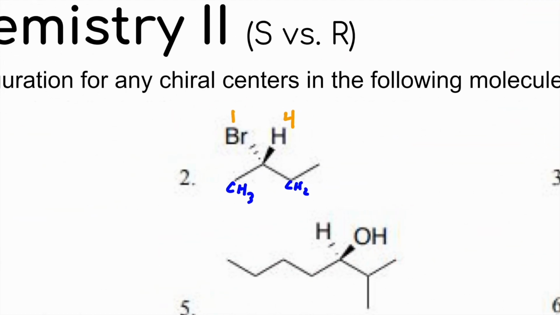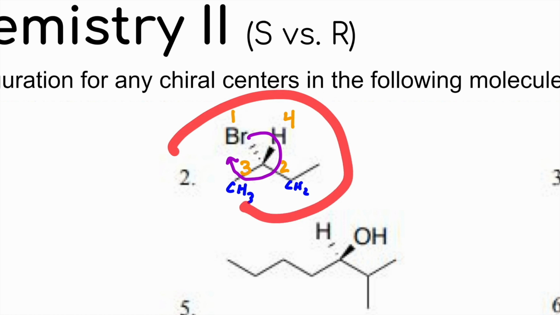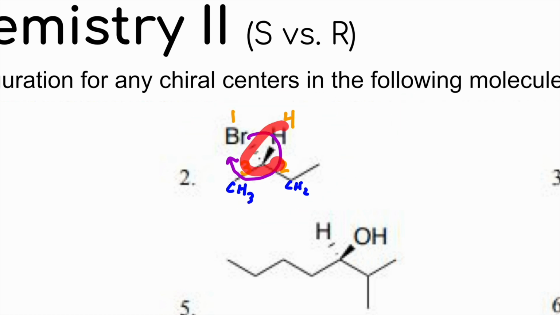So that means that my CH2 is my 2, and this is my 3. And then all I do is I ignore the 4. So I go 1, 2, and 3. So I'm going clockwise, so that's normally an R. I always just tell myself right away, it's an R. Oh, but the H is coming at me. So because the H is coming at me, it's opposite. So that is an S.